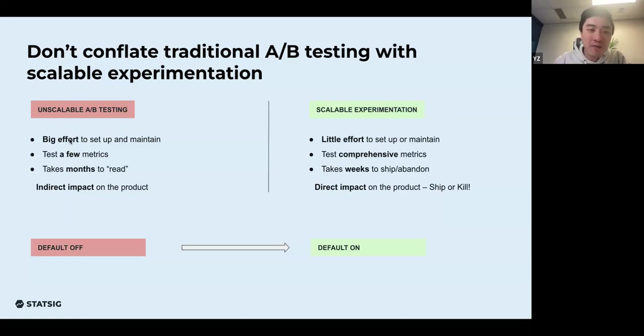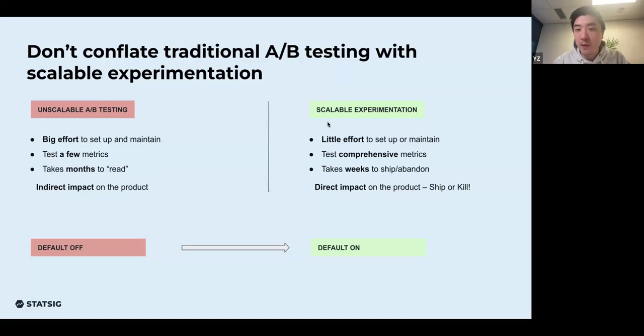So there is a big effort to set up and maintain, and you can only test a few metrics. The more metrics you test, the complexity just grows exponentially, and it takes a long time to read. Then there is indirect impact on the product, because you first set up the A/B test, you do the learning, you tell engineers, everyone discusses, and then with the discussion, you make a decision on the product.